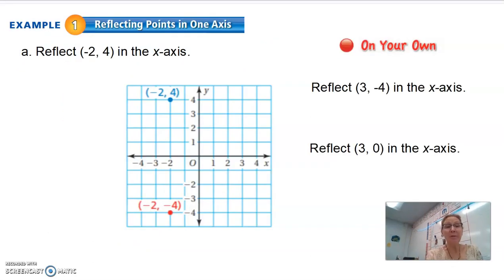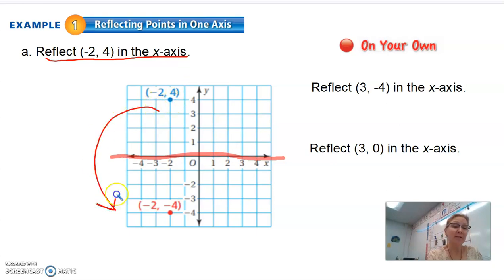Okay, so here we go. Here's an example where we're going to reflect this point in the x-axis. I'm highlighting the x-axis. And my point starts up here, and you have this on your paper as (-2, 4). Well, the reflection is on the other side of that line of symmetry or reflection line.